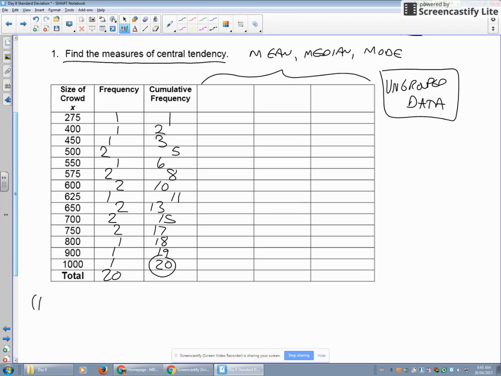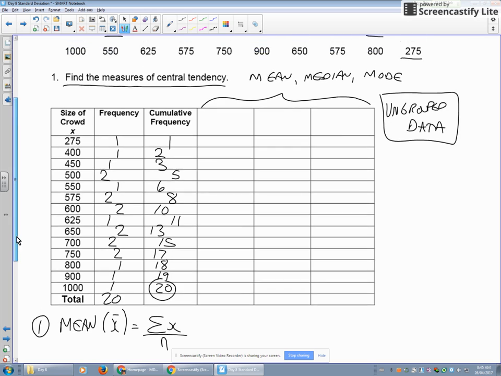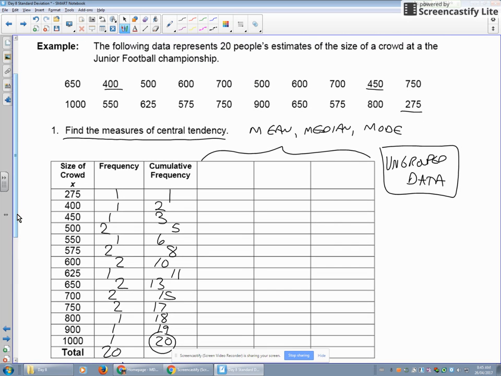So in order to calculate our mean, we're going to use the formula for ungrouped data. And that is the summation of x over n. This is, of course, just a sample. If these are the people that are estimating the crowd of the junior football team, there's 20 people.